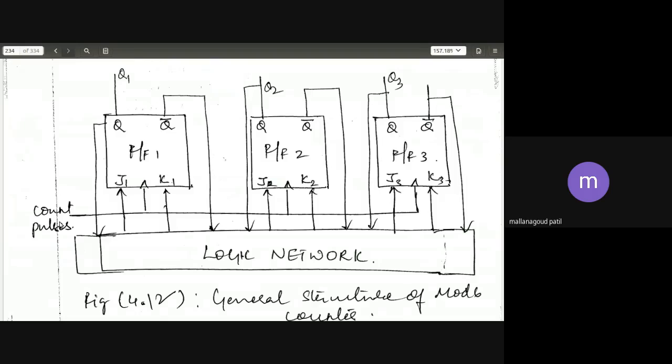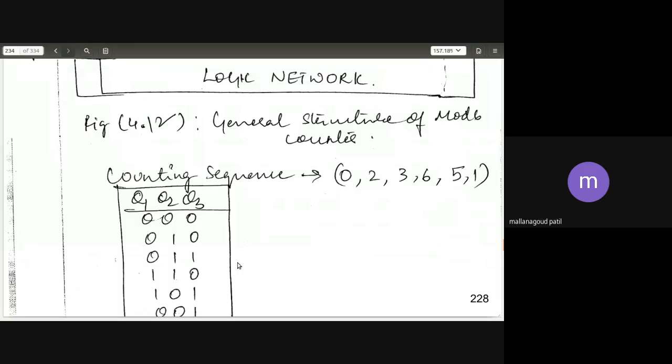Count pulse is the clock pulse only. The flip flop used to construct is JK: J1, K1, J2, K2, J3, K3. These are the inputs of the 3 flip flops, connected to the logic network, and its output is connected once again to the logic network. Now we must know what type of logic network we should build.